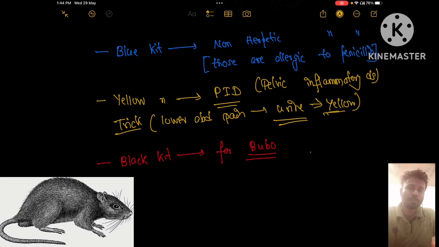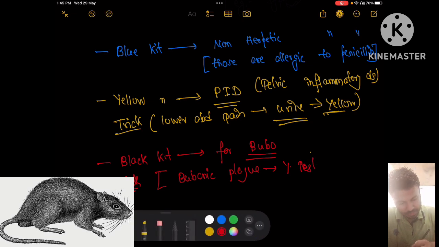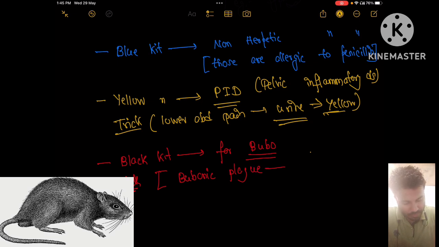The trick is bubonic plague, caused by Yersinia pestis. It was the black pandemic.